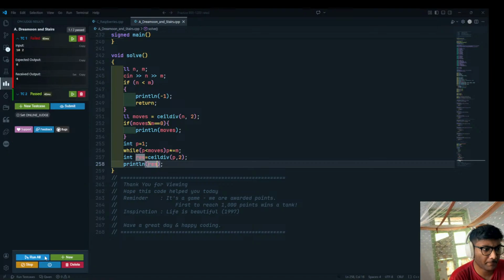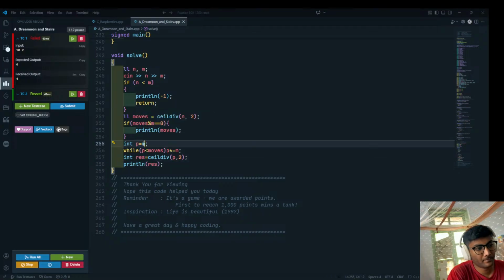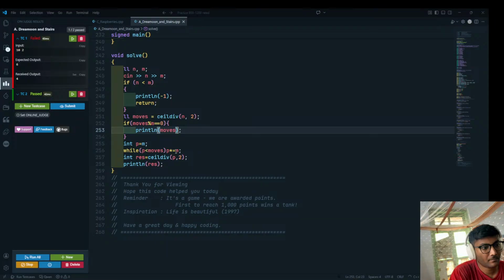So p into equal to m, like, no, p equal to, okay, p equal to m. We first want to be m. Okay, p plus equal to m.